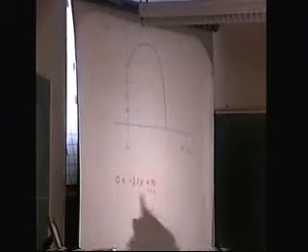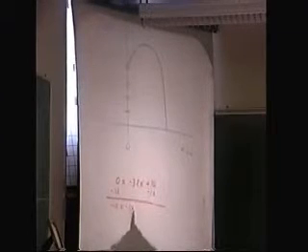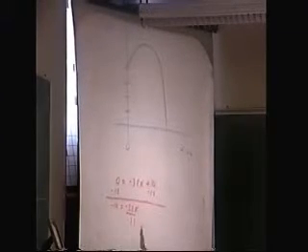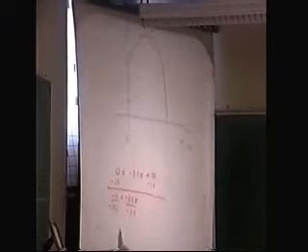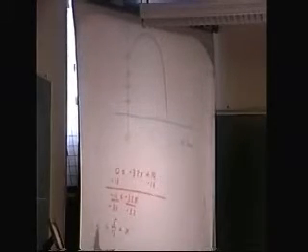Subtract 10 from both sides. I get negative 10 equals negative 32x. I divide by 32, and I get rid of my negatives, and I reduce, and I get x equals 5 over 16, or if you prefer, 0.3125.